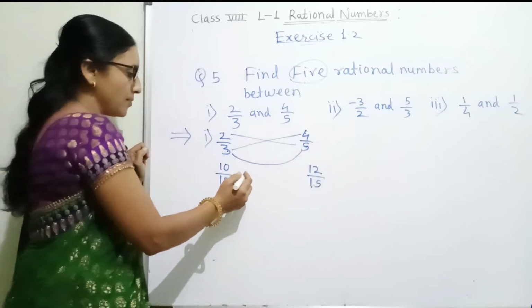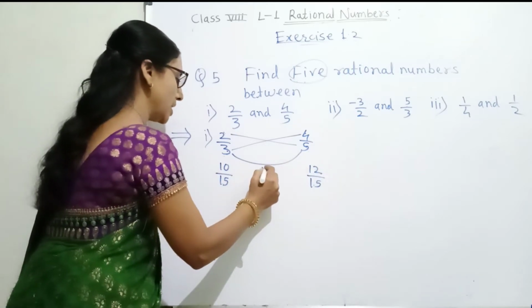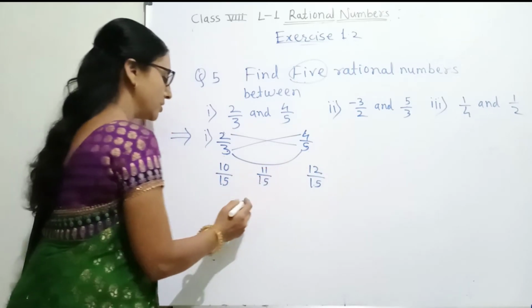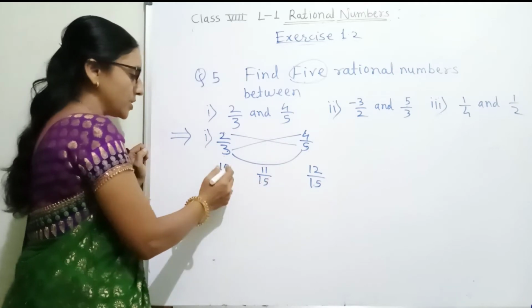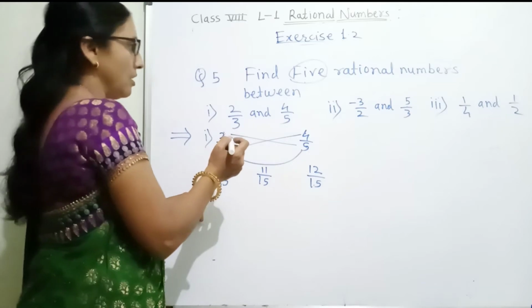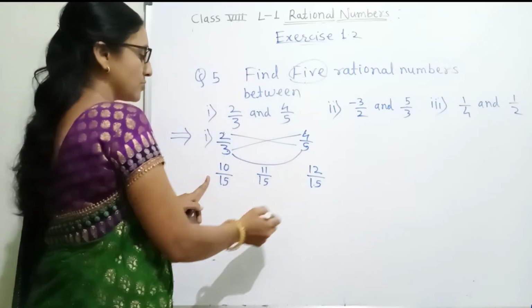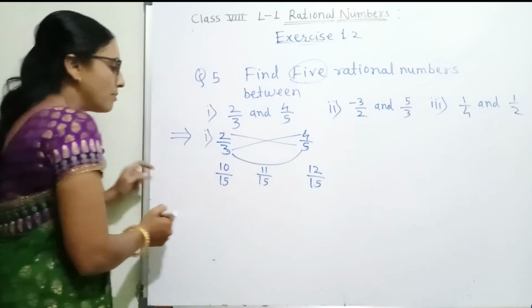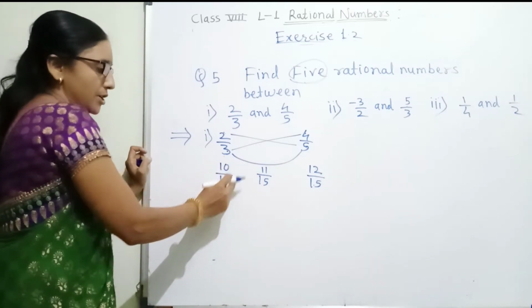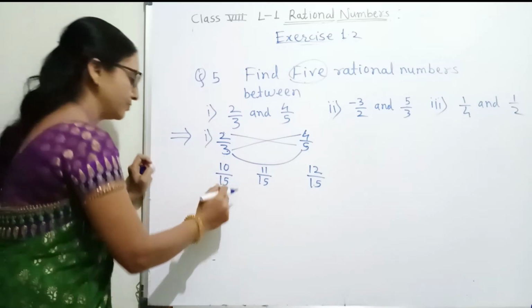Now the rational number between 10 by 15 and 12 by 15 is 11 by 15. This is the only rational number between 10 by 15 and 12 by 15, and we want 5 rational numbers between them. So multiply numerator and denominator of 10 by 15 by any number.